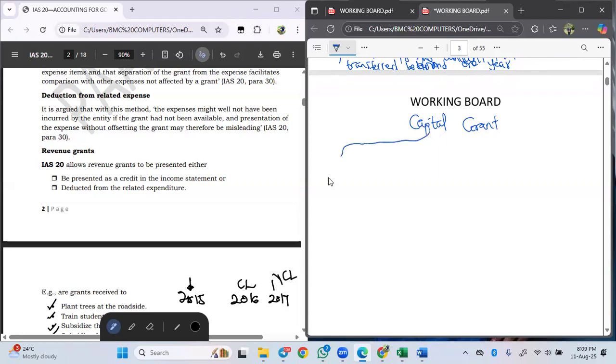So this one too, we talk about the deduction approach. So this one I just deduct it from the related expenditure.